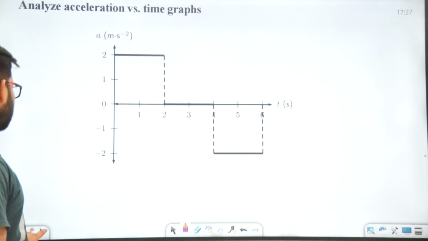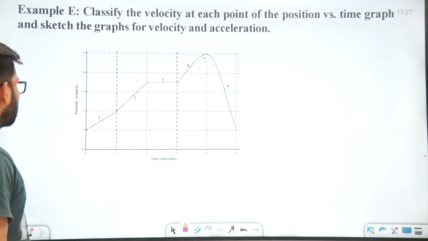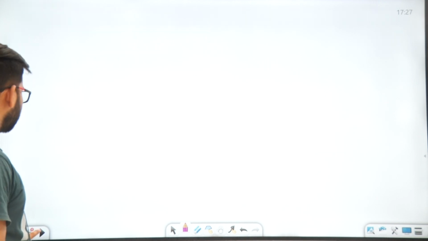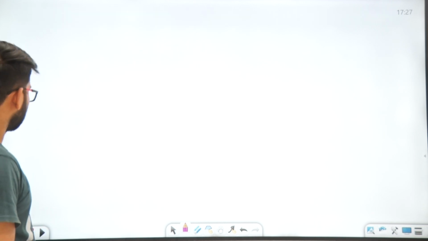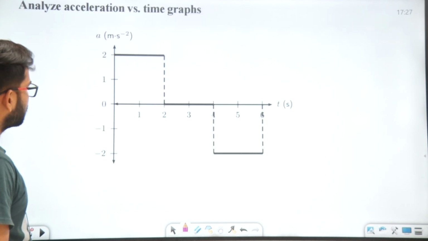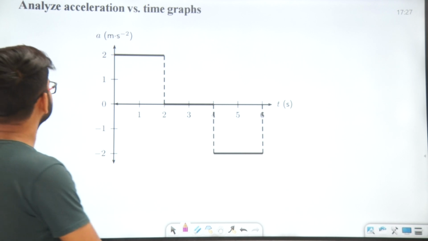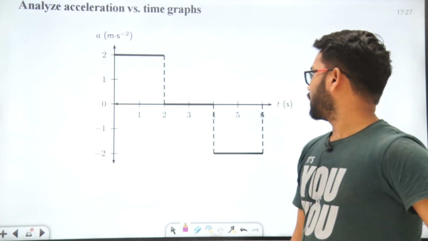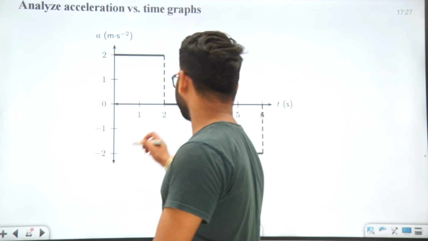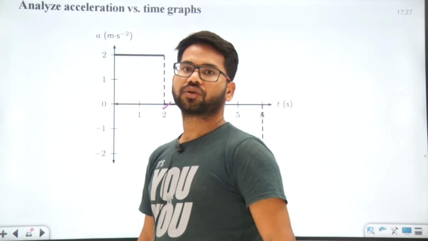We can take this example. Let's wind up here. Students, let's take this question. Analyze acceleration versus time graphs. Here acceleration for 0 to 2 seconds is constant.